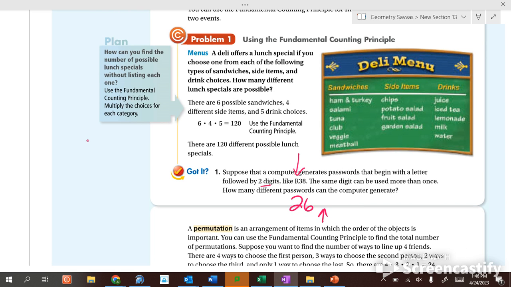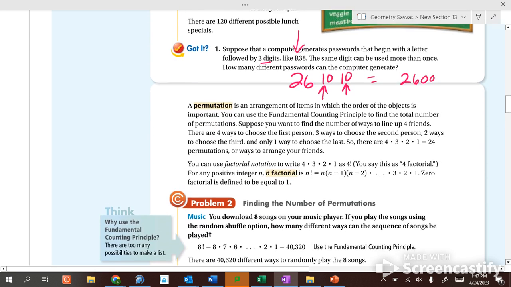Then for the first digit, how many numbers can you use? 0, 1, 2, 3, 4, 5, 6, 7, 8, 9 is 10 numbers. How many numbers for the second digit? 10. So 26 times 10 times 10 is 2,600 passwords with just a simple letter and then 2 numbers. You got 2,600 different combinations. You would be trying it for quite a while to figure it out.